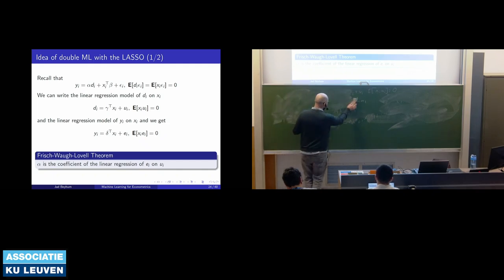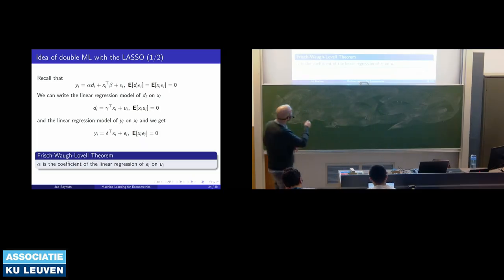So what is double machine learning? Recall that this is the model I'm assuming: Y_i = alpha D_i + X_i' beta + epsilon_i. What we are going to do is write the linear regression model of D_i on X_i.